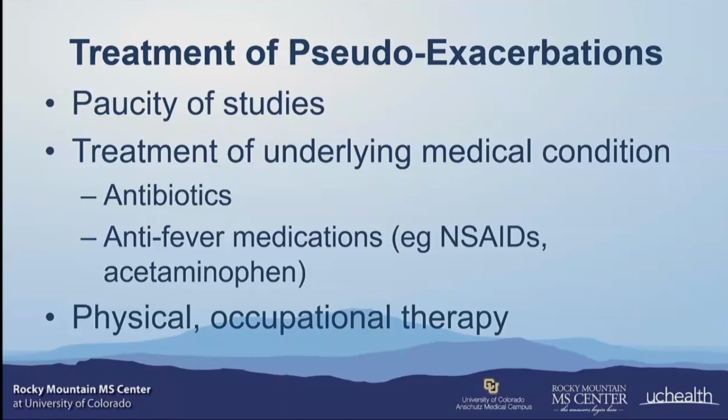To the extent that there is a worsening or recurrence of mobility or function in the arms or legs, physical and occupational therapy might be useful. As I mentioned before, with stress perhaps being more of a cause for pseudo-exacerbations, I think it would be very interesting to know whether certain stress-reducing techniques would help to reduce the frequency of these attacks or improve the recovery.